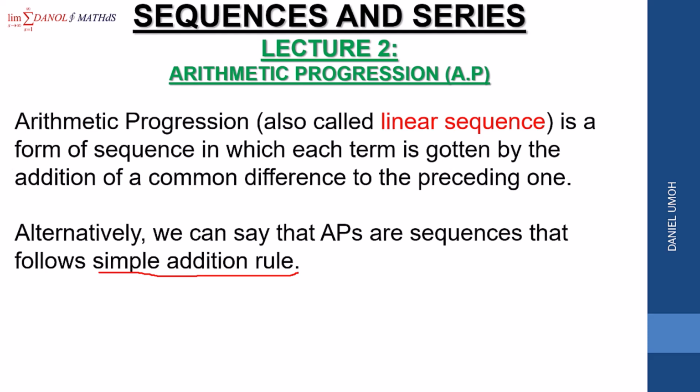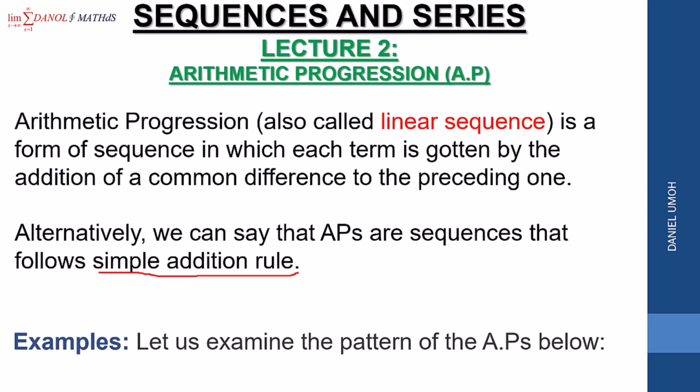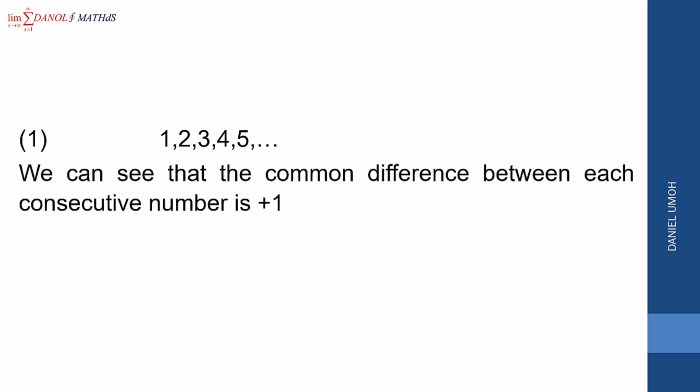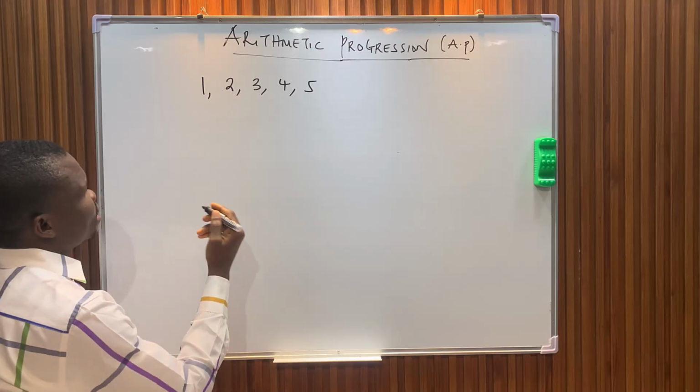Now, let's examine the pattern of the following arithmetic progression. Example: if we look at this sequence, 1, 2, 3, 4, and 5, we can see that the difference between the consecutive terms of this sequence is 1. Now, what do I mean?